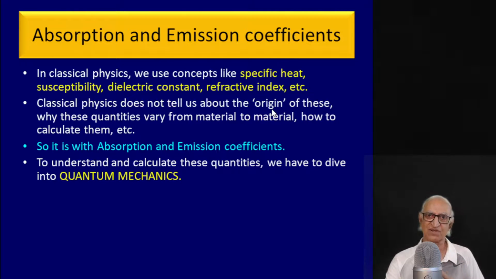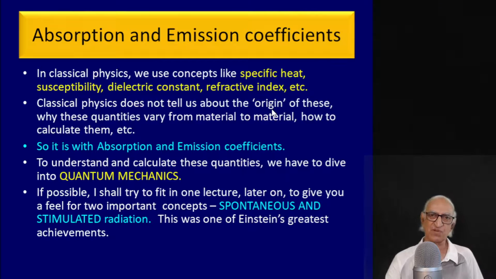Right now, we are not ready to digress into that. If possible, a little later on, I shall try to fit in one extra lecture in which we will discuss two very important concepts, spontaneous emission and stimulated emission.